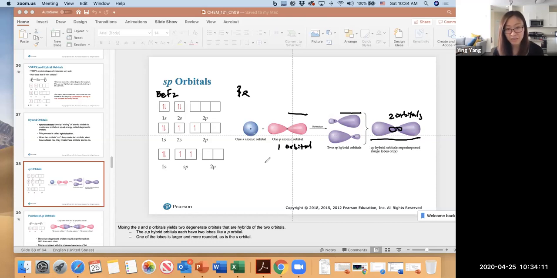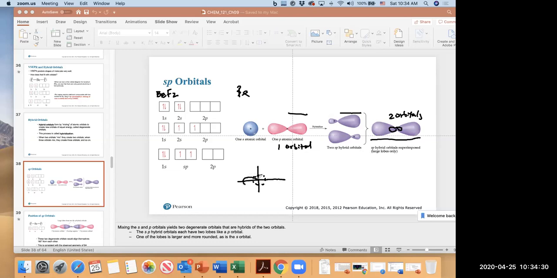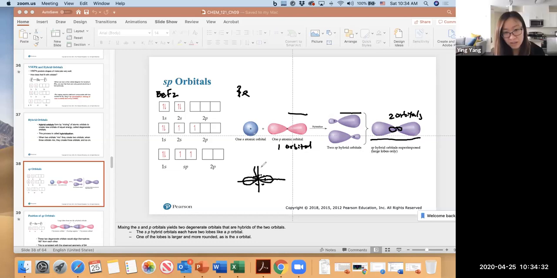If you look at what it looks like after hybridization, you still have the s orbital in there, and originally you had 3 p orbitals, something like this, 1, 2, 3.